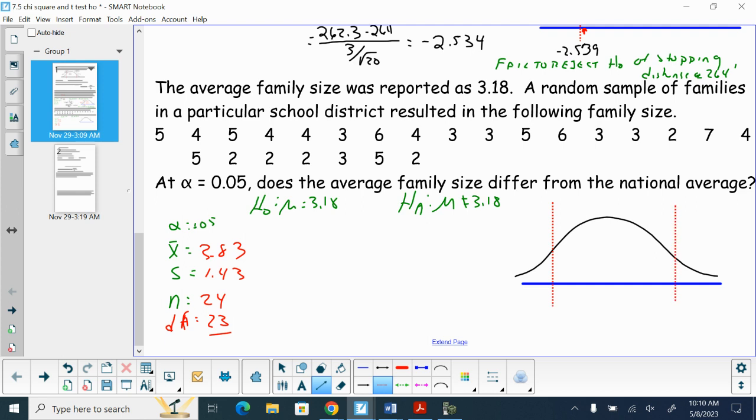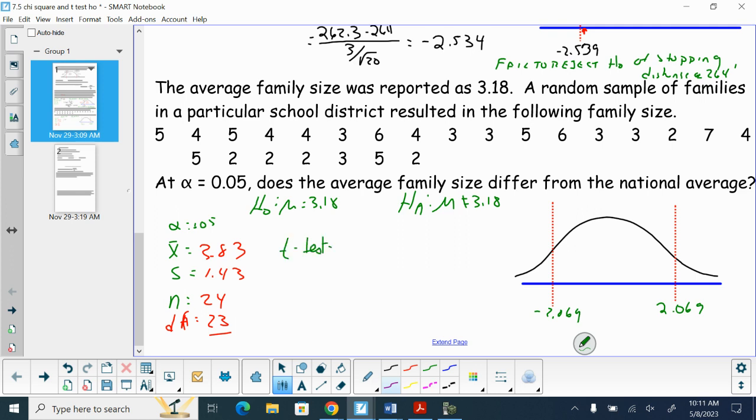So go to your degree of freedom of 23. Alpha value 0.05, two-tailed test. What do you get for a critical value? 2.069 and negative 2.069.